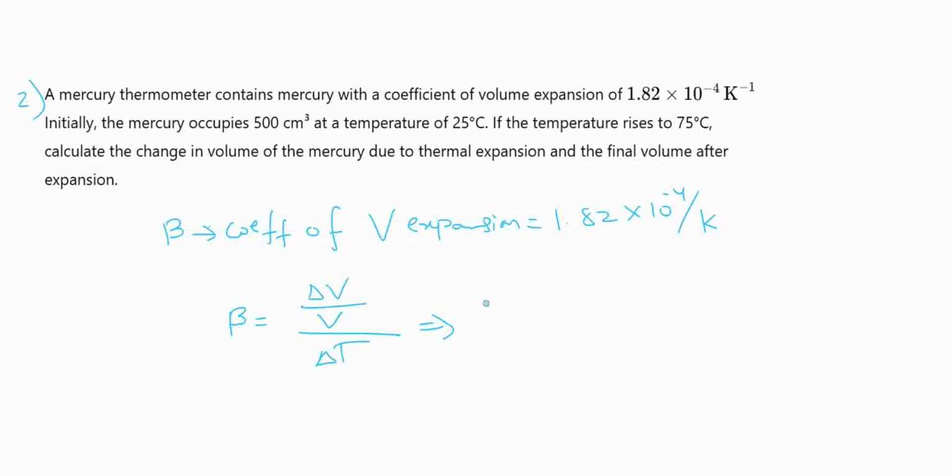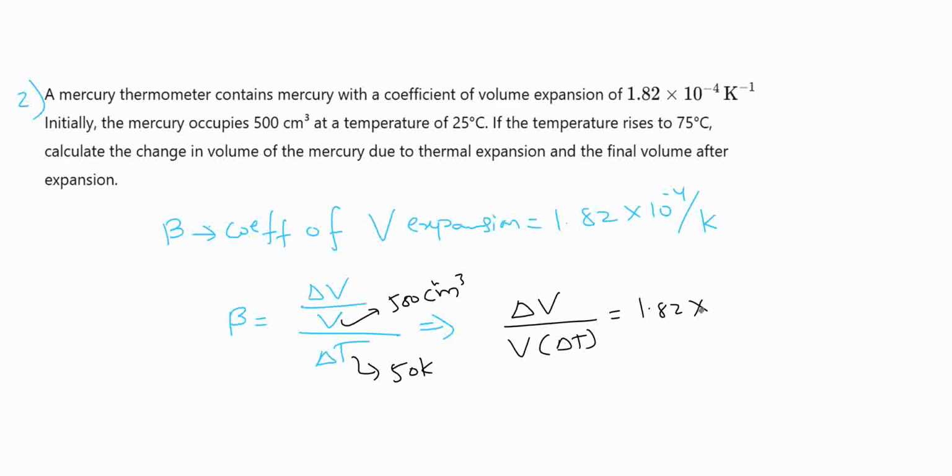Also we are given the initial volume, which is 500 centimeter cube, and the change in temperature is 50 Kelvin or 50 degrees Celsius. So this leads to delta V by V times delta T equal to 1.82 into 10 power minus 4 per Kelvin.